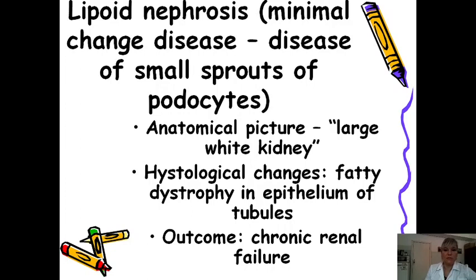This is a congenital disease. Anatomical picture, large white or yellow kidney is a result of accumulation of fats in the tubules. Histologically, we can't see changes in the glomerulus, but we see defects of small sprouts in the podocytes, fatty dystrophy in the epithelium of the tubules, and outcome chronic renal failure.